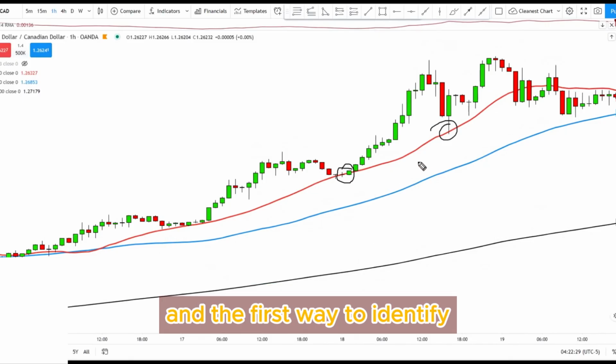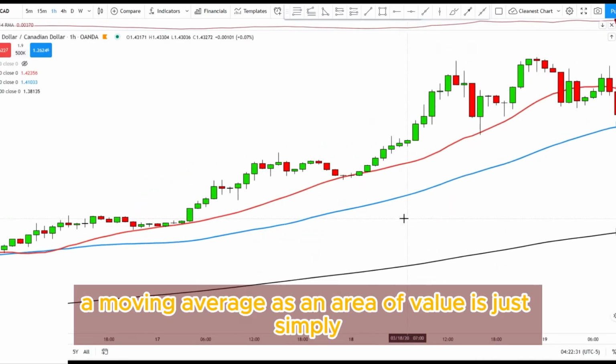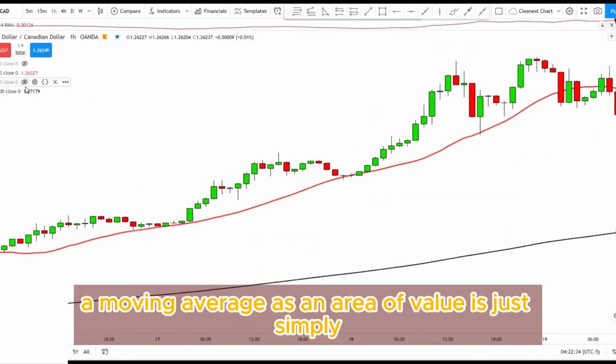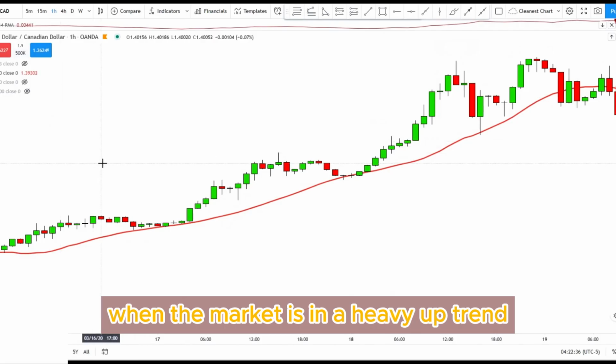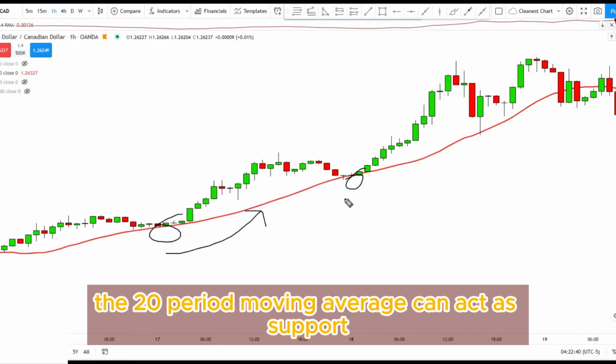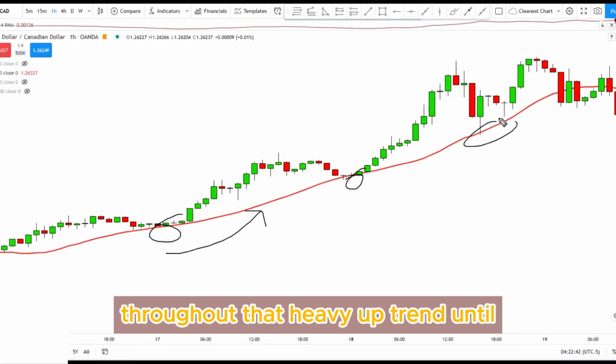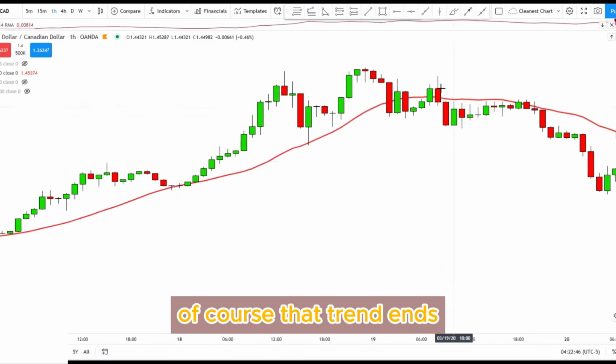And the first way to identify a moving average as an area of value is just simply when the market is in a heavy uptrend. The 20-period moving average can act as support throughout that heavy uptrend until, of course, that trend ends, which happens here.